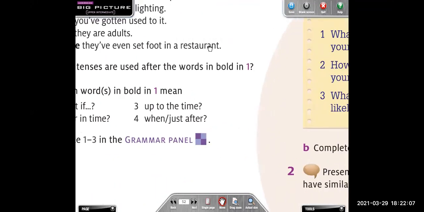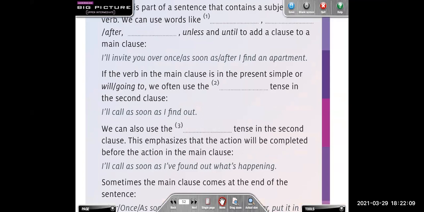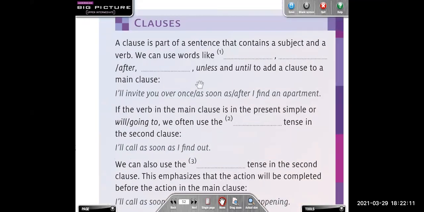Let's complete here the grammar panel. Clauses, it says. A clause is part of a sentence that contains a subject and a verb, as we said before, right? We need a subject and a verb to form a clause.